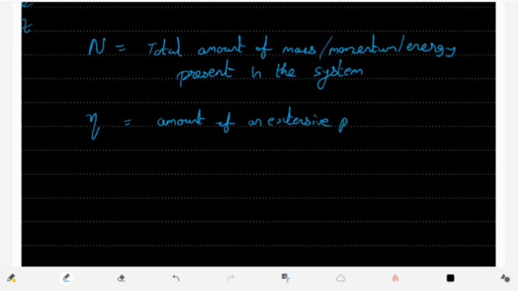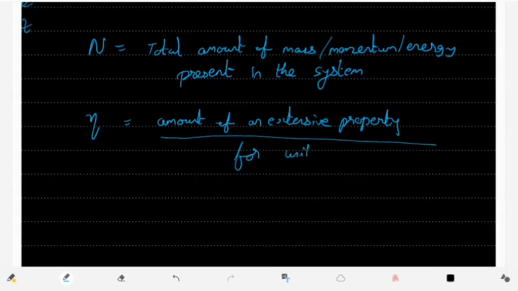What is an extensive property? The property which depends upon the mass. Eta is the amount of extensive property per unit mass. Here the extensive properties we considered will be mass, momentum and energy.